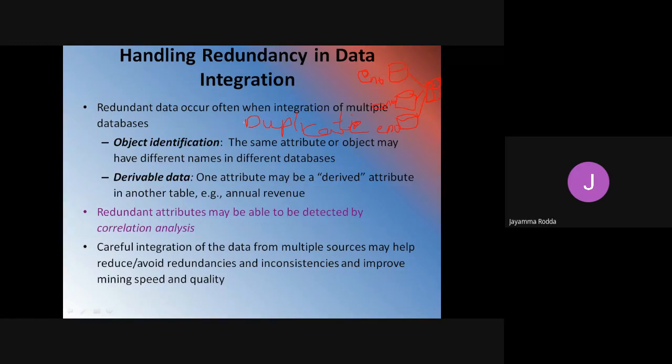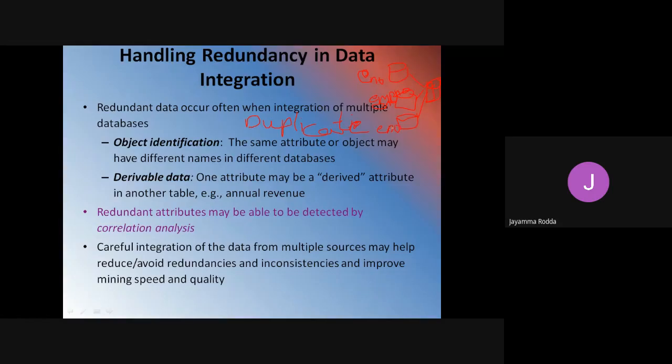Sometimes what happens? The same attribute or object has different names in different databases. Here I may say ENO. Here I may say EMP NO. Or here I may say simply number.